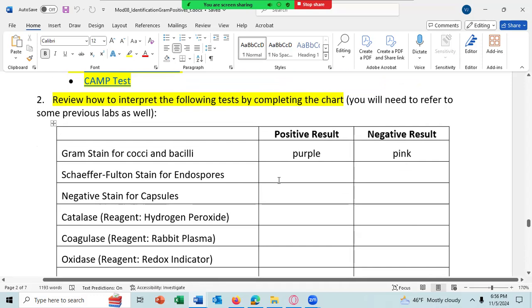So tell me, for the Schaefer-Fulton stain, testing for endospores, what the positive result will be, and the negative result. And this one you'll have to get from a previous lab. And then tell me what the positive result will be for a negative stain for cell capsules, and then a negative result for cell capsules.